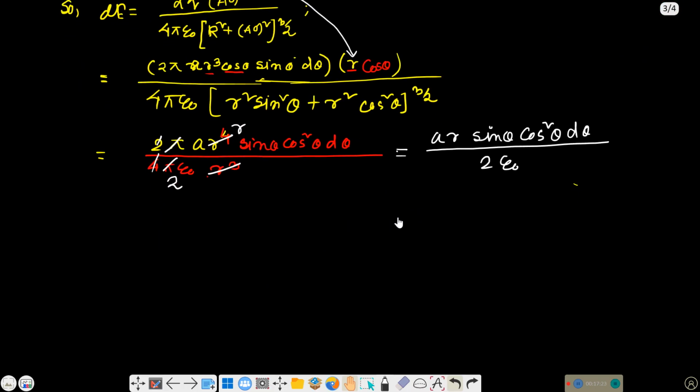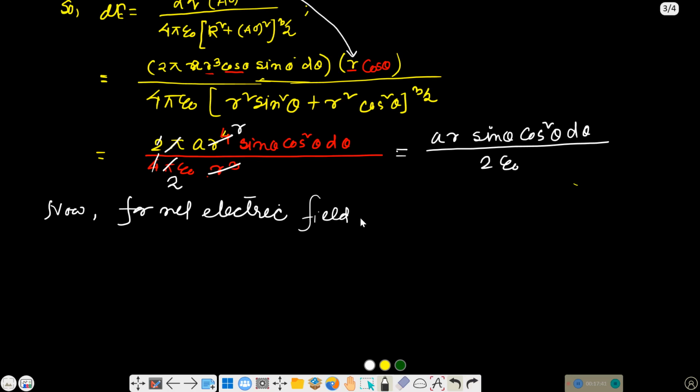So from this, now, the net electric field at center O is given by, because this was our dE.